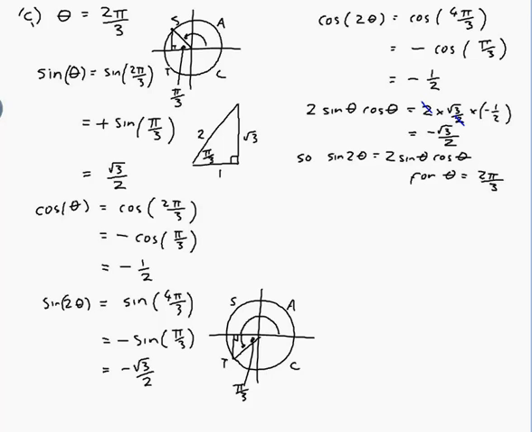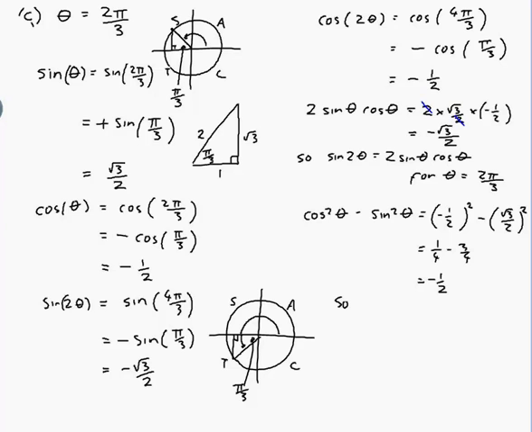Let's do the other one now. We want cos squared theta minus sine squared theta, which would be cos theta, which was minus a half, squared, minus sine theta, which was root 3 on 2, squared. So we get a quarter minus 3/4, which is minus a half, which actually is cos 2 theta.